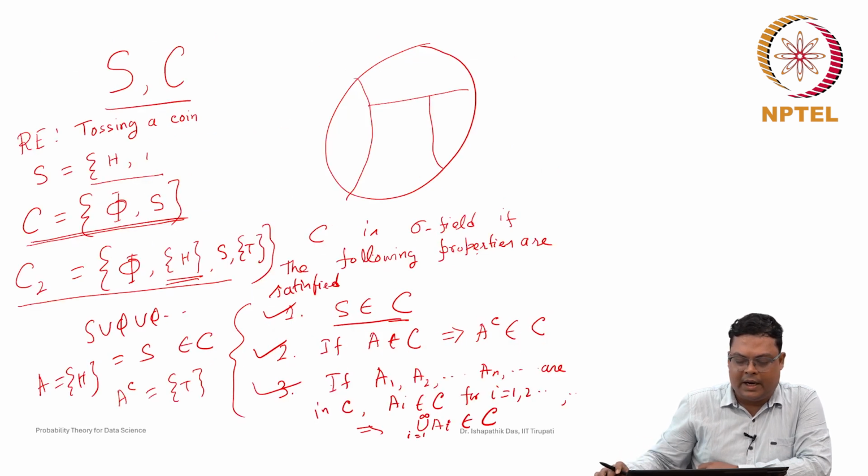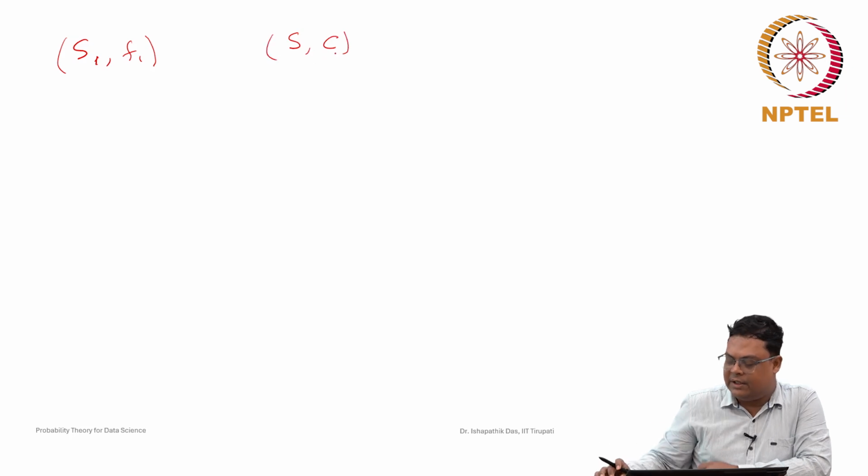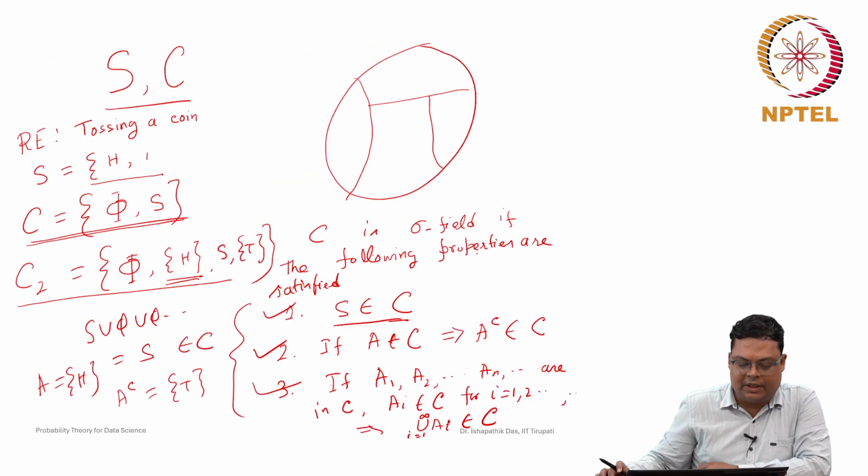F1 is a sigma field on the non-empty set S1, and S is nothing but the head and tail we talked about, and C we already discussed is nothing but the null set and S. This is another sigma field, which we can consider as C2.